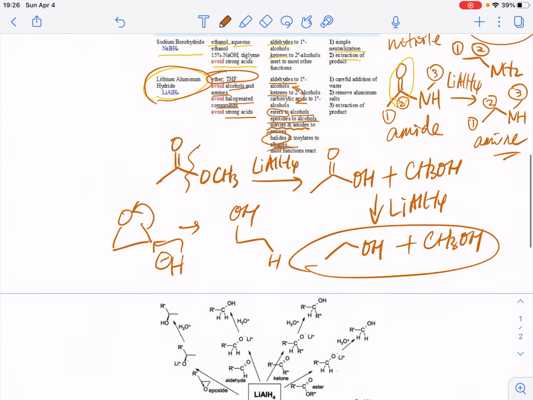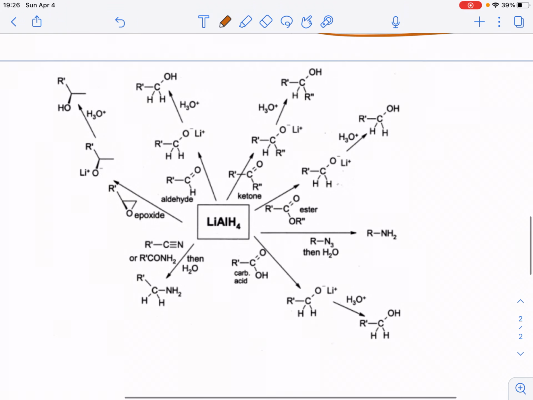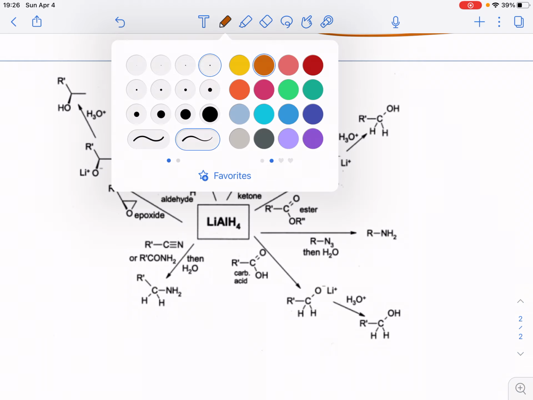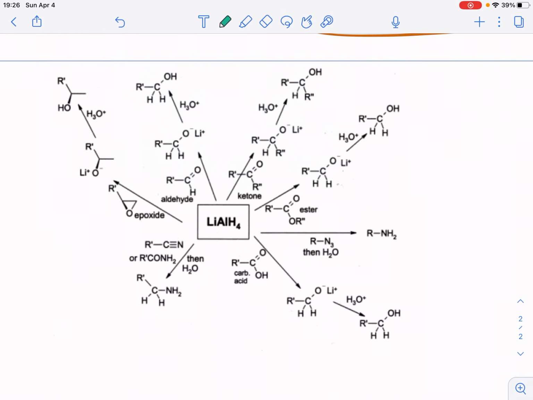If you want a detailed comparison, here's a table that summarizes everything you need to know about lithium aluminum hydride. All right, last but not the least, let's pick out the reactions that can be enabled by sodium borohydride. We know aldehyde can, we know ketone can, right?